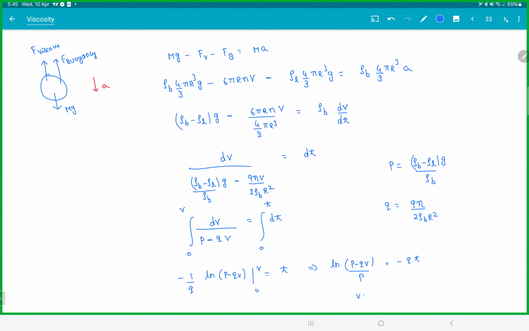So from here we end up with v is equal to p by q into 1 minus e power minus qt. Check. That's your velocity as function of time t, where p is this and q is this, which are constants anyways.